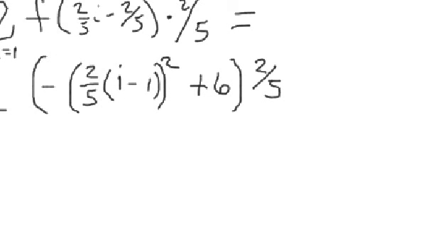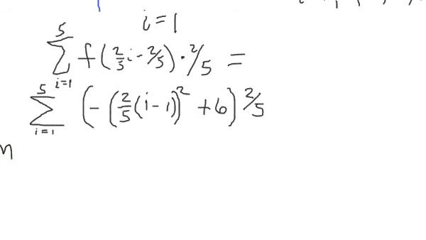That's the formula we want to use. We can rewrite this, this becomes a square here, and then of course you distribute the 2/5 across. But you know what? I think I'll let you work that out. If you watched the previous video, you should be able to get this one.